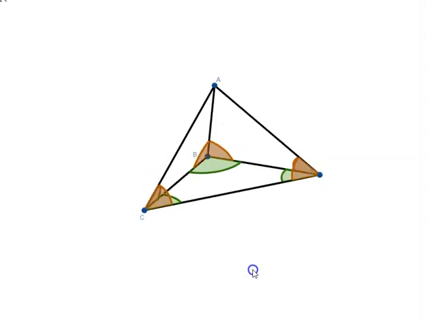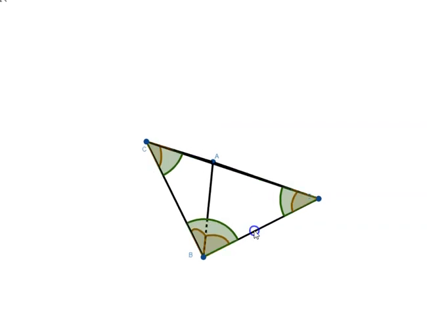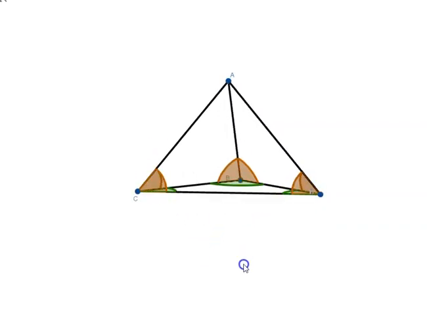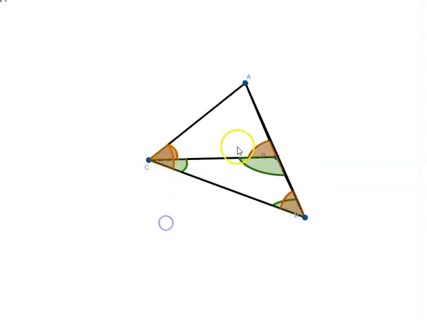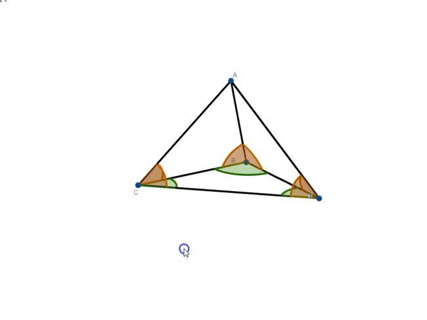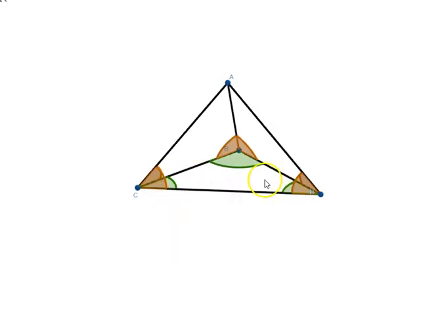But look at the green angles. What are they? They are the angles of a triangle. Yes, that means the sum of those three green angles is going to be two right angles. So that means if we add up these orange angles, the sum is going to be greater than the sum of these green angles.